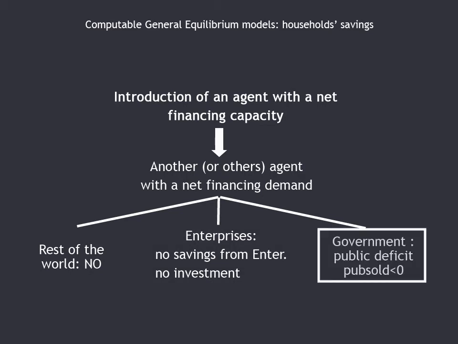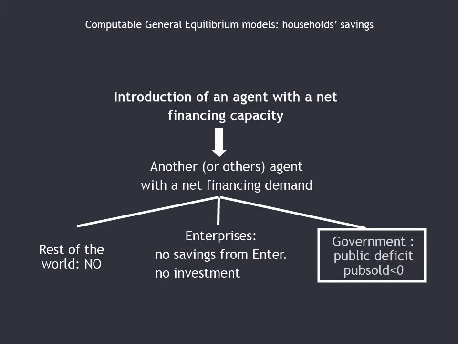So with the model that we are designing right now, the introduction of household savings implies that the government or public administration has a net financing demand, which is the variable PUB_SOLD, the public balance, is negative.